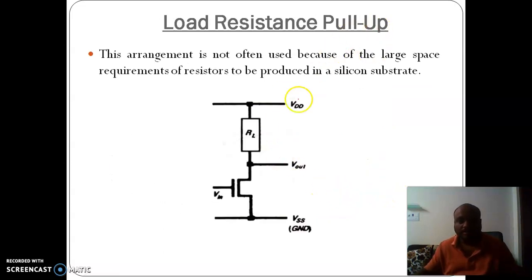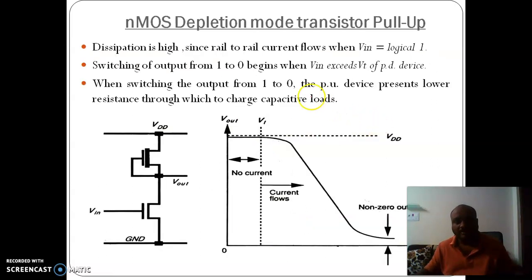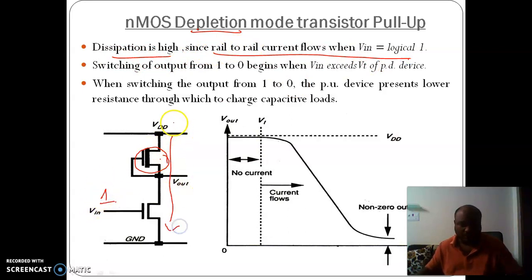Looking into the details, the load resistance pull-up resistor occupies a large area, so it is not commonly used. Whereas nMOS depletion mode, what we have discussed till now, will dissipate more power since rail to rail current flows when logical 1 is given. So when input is logical 1, the current flows from the supply rail to the ground rail.